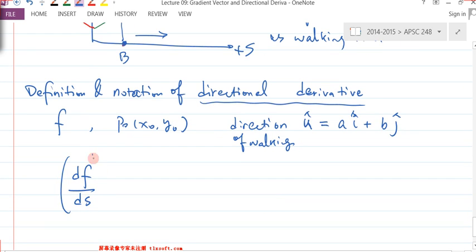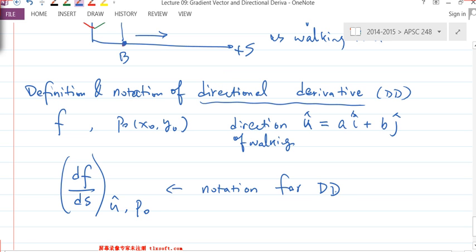Symbol-wise, we use a subscript indicating u hat as the direction you're walking, at the point P naught. This is the notation for the directional derivative.